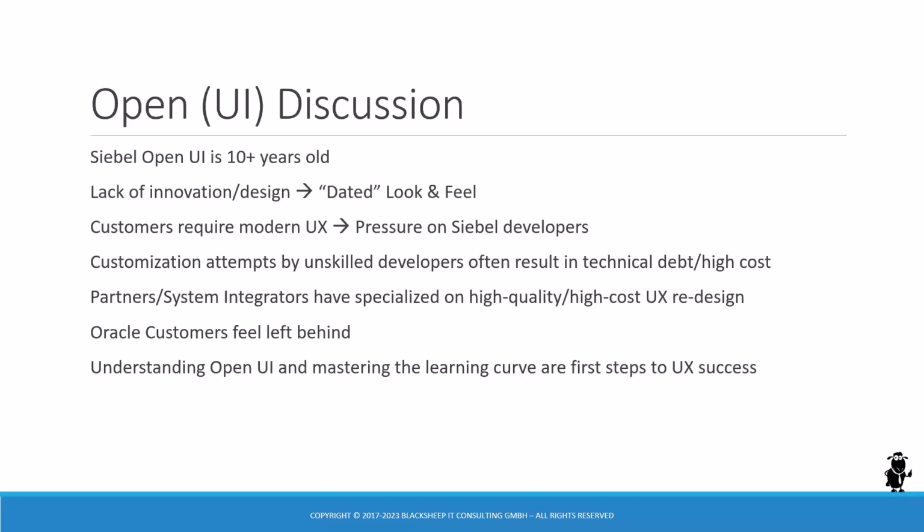So you have to resort either to risk high technical debt with unskilled developers, or you have to pay a lot of money to get the best UX design you can get for money. But what about Oracle? Oracle customers feel a little bit left behind. And so what can Oracle customers do to overcome that feeling of left behind, that dated look and feel? And that is understanding OpenUI and then, of course, mastering the learning curve. And these are the first steps to UX success.